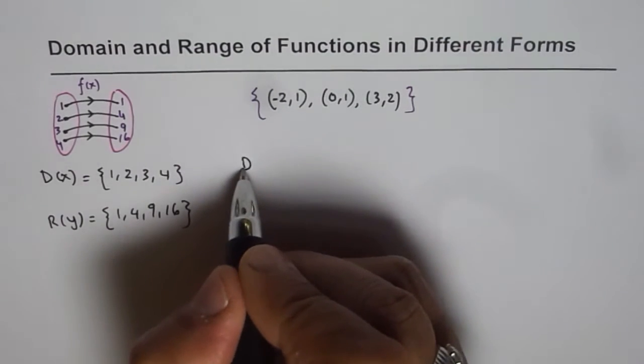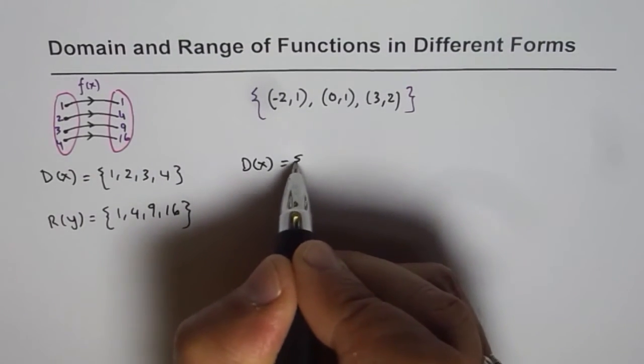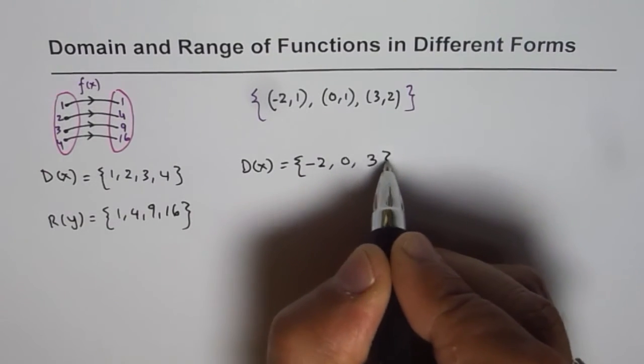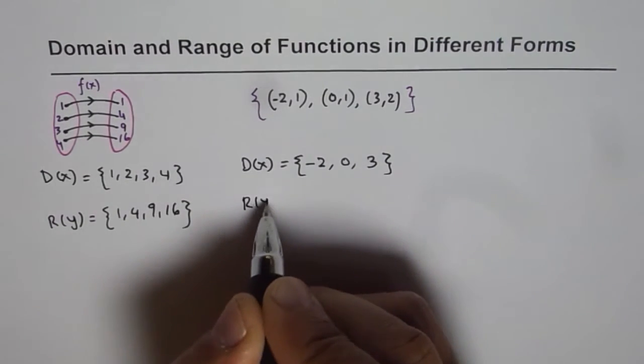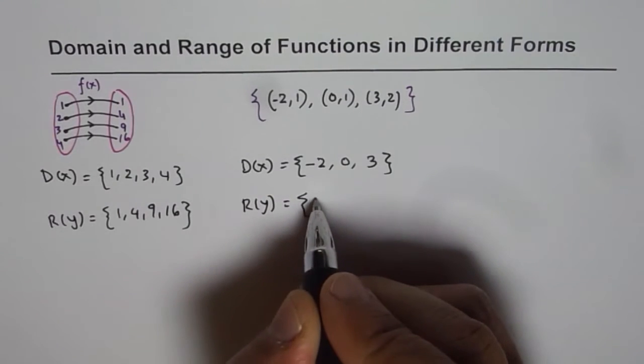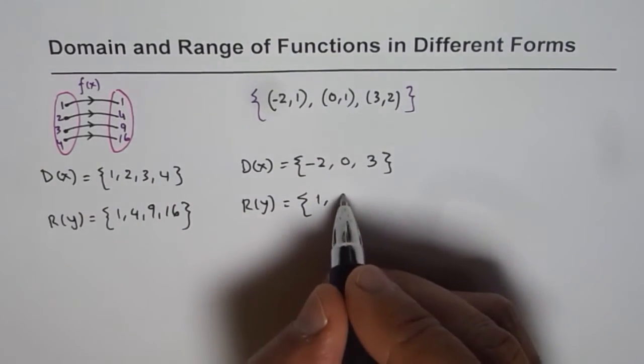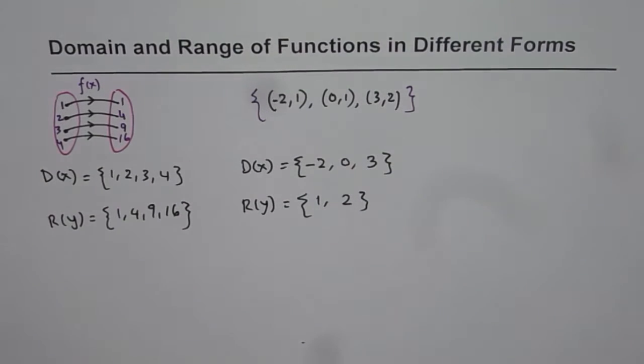So in this case, domain will be equal to the x values -2, 0 and 3. And the range are the y values, which are going to be 1 and 2. We need not write 1 twice. So that is how we can write domain and range if set of points is given to us.